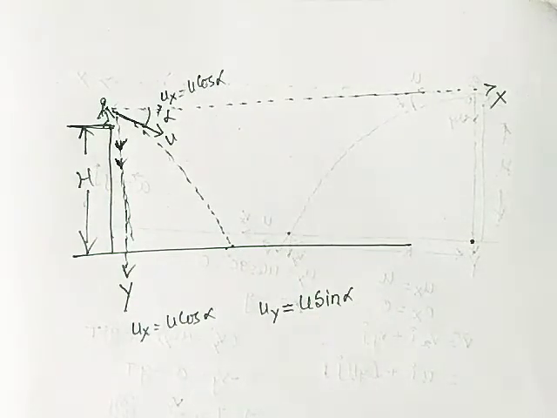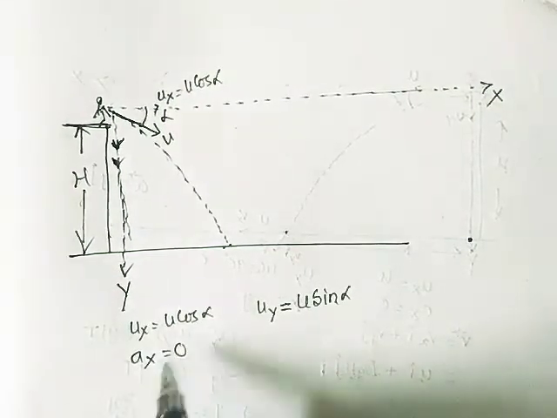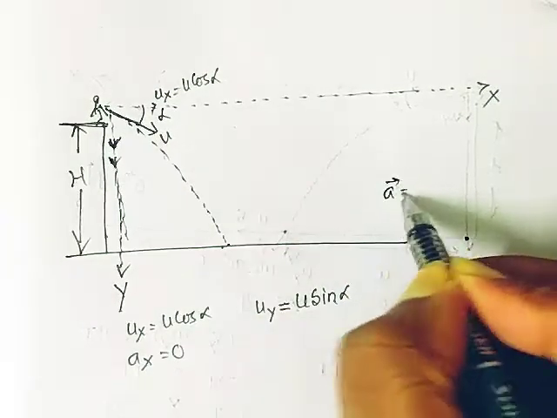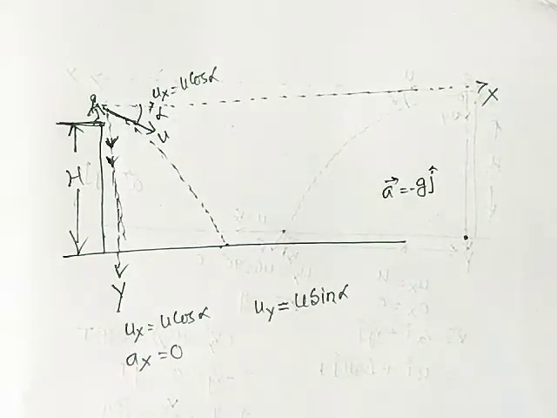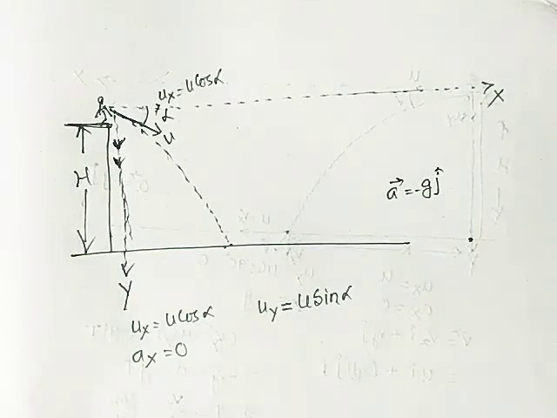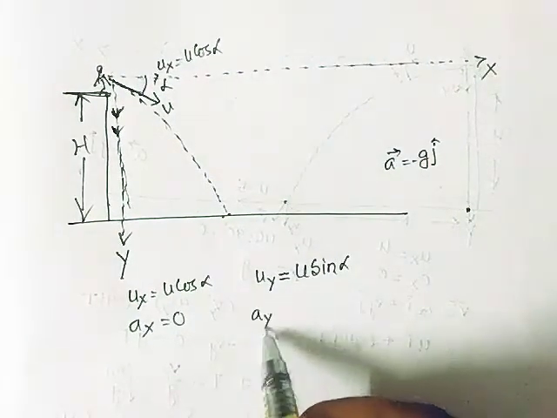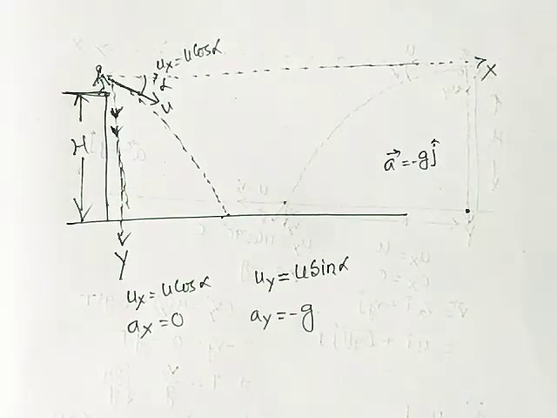Now if I want to analyze this motion, what is the acceleration along the x component? Obviously it is 0, because acceleration equal to minus g j cap, which is always acting along the negative y direction, so it does not interfere with the motion along the x-axis. So it allows me to write, just like previous, ay equal to minus g.